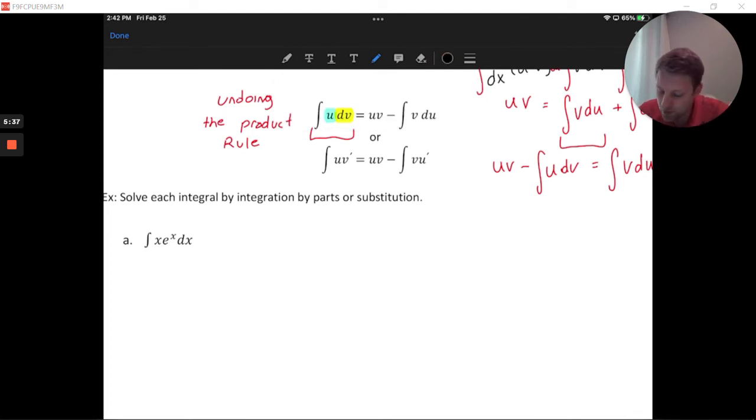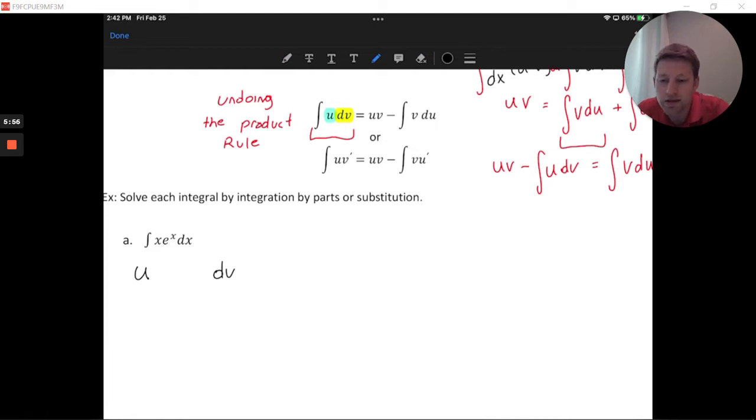So let's go ahead and work with the integral x e to the x dx. The beginning stages of this technique are going to require a u function and a dv function. That's what we want to house inside of our original integral here.